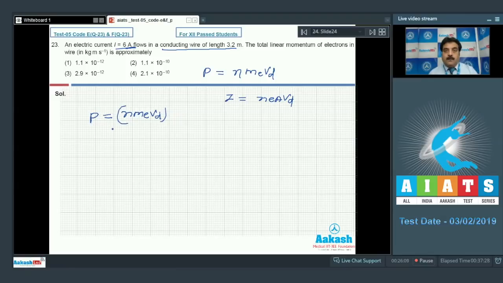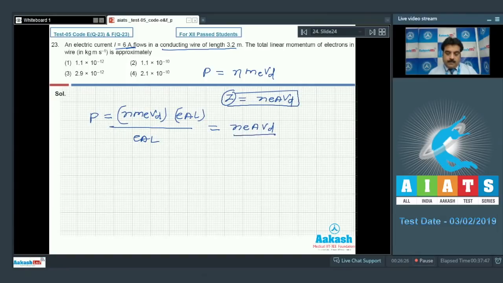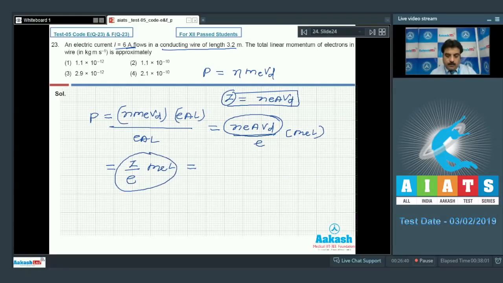The total momentum is N m e Vd. For simplicity, if I multiply the numerator and denominator both with EAL, I get NEAVd upon E, and the remaining terms are m e and L. You can replace this value by the current. So you will get a very good formula: I upon E, times m e into L. Now all values you know.